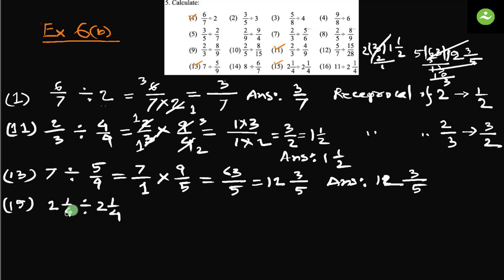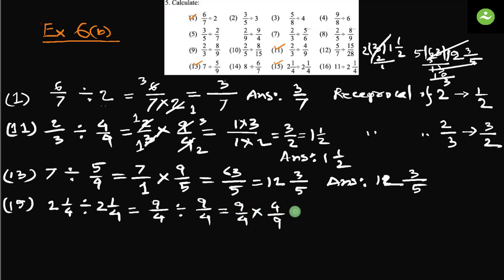So 2 and 1/4, we have to convert it to an improper fraction first. Let's convert. 4 into 2 plus 1, 9 over 4, divided by 9 over 4. Now change the sign to multiplication. So 9 over 4 into, use the reciprocal of the fraction, 4 over 9.